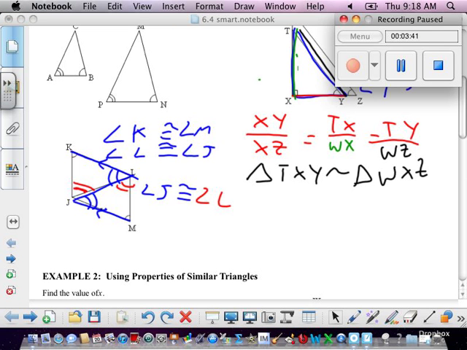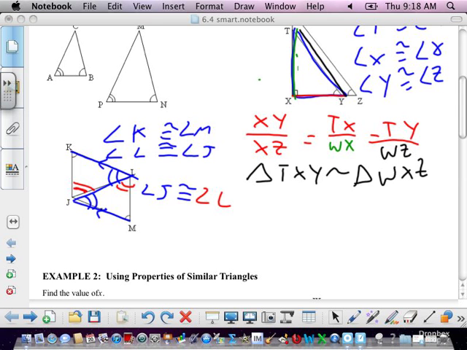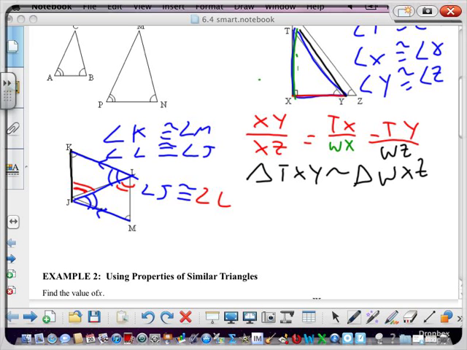All right, ladies and gentlemen, so let's look at what sides are proportional. Okay, so let's look first at KJ. What side is proportional to KJ? LM. Okay, let's look at what is proportional to KL.